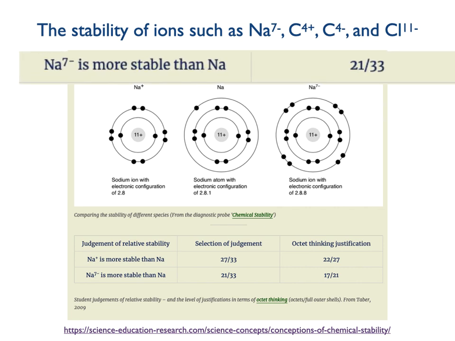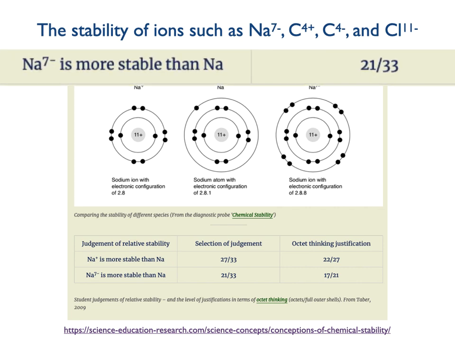This led to some work which suggested this is very common amongst learners, and that students will often think that other ions with large charges will be stable, as long as they have outer electron shells that are full or have octets. Many students will even think that the excited chlorine atom, configuration 2,7,8, will be more stable than the ground state atom, 2,8,7, as the excited atom has an octet in the outer shell.